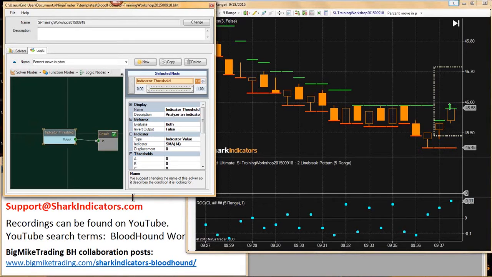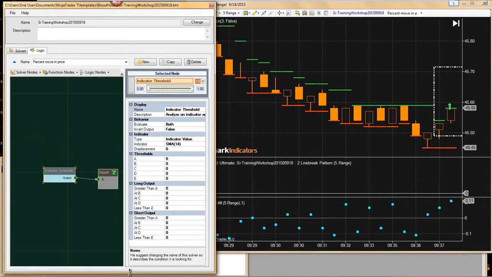So if we're looking for a minimum of 5%, this indicator is going to return 5 as 5%, and it'll return a -5 if you have a -5% move. So we'll put -5 in there. All right, so there's our 5%.